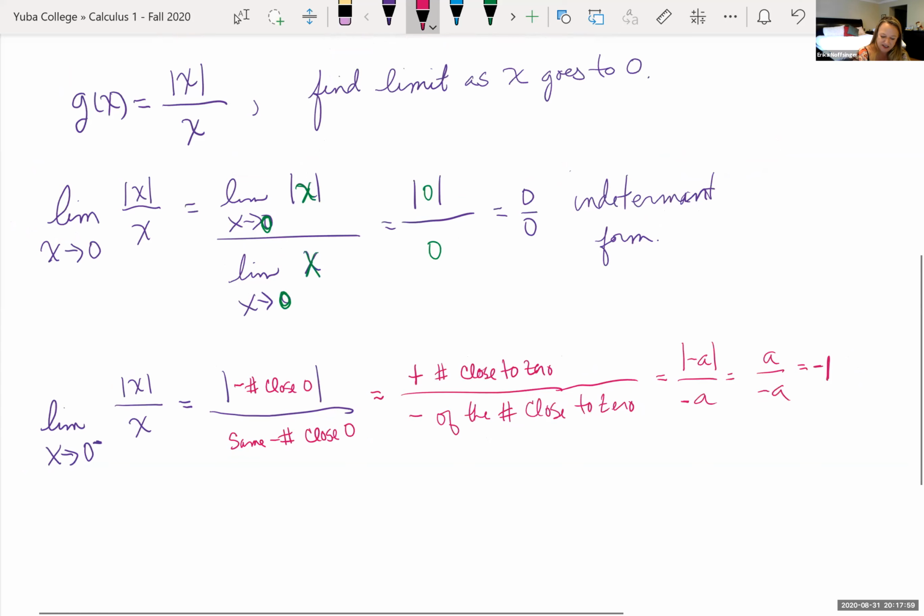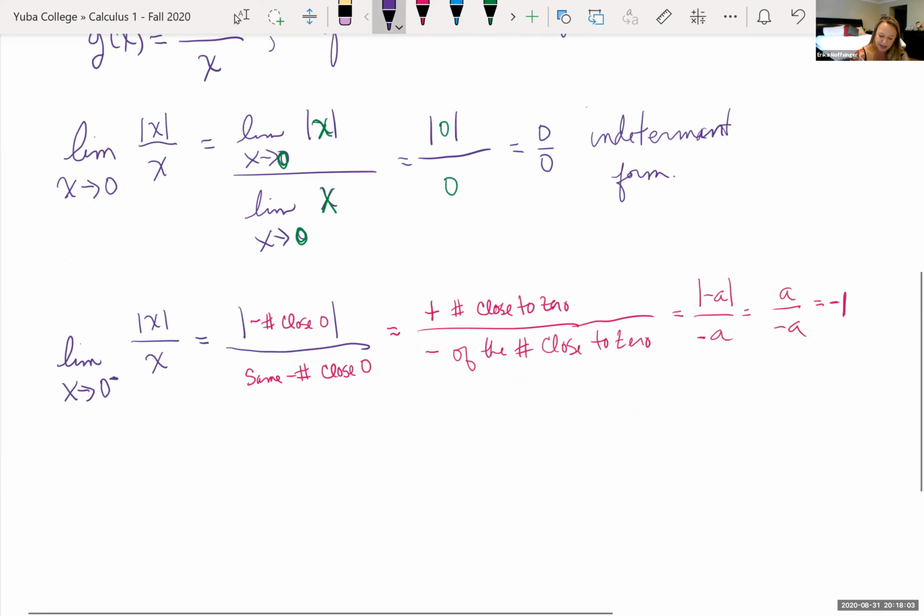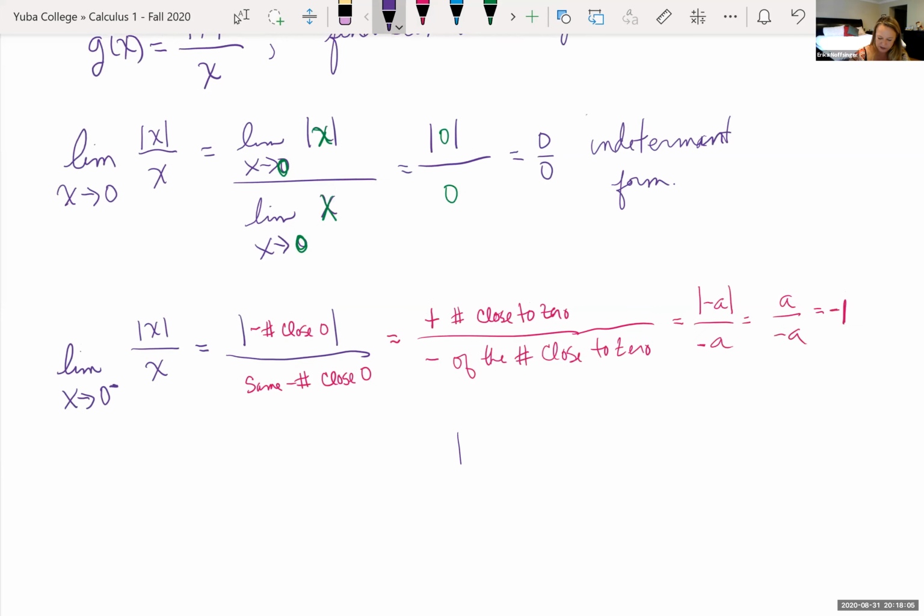Doesn't matter, any value you plug in there, you're going to get negative 1 if you're on the left of x equals 0. So if I plugged in negative 1, which is not so close to 0, the absolute value of negative 1 is 1, over negative 1 is negative 1. So it's a horizontal line here.